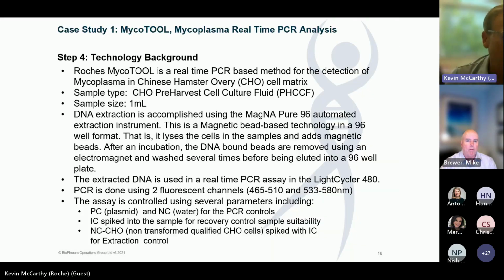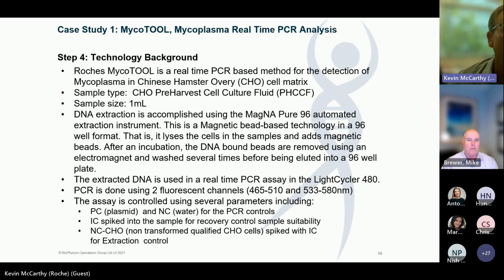Okay, and as I mentioned, going back to step 4 on that 9-step process, the technology background and comparison to other options that we had. The MycoTool development started 10 to 15 years ago, so it's been well hashed out.